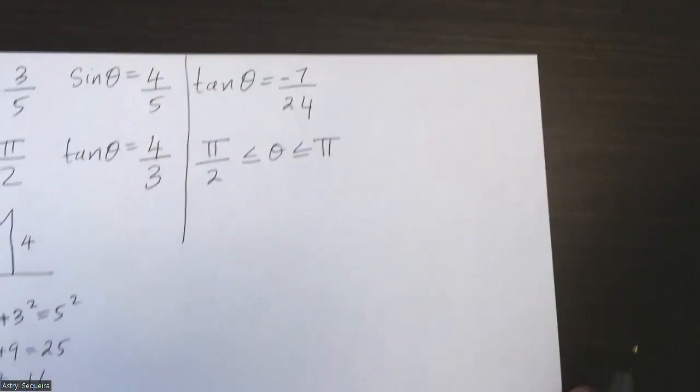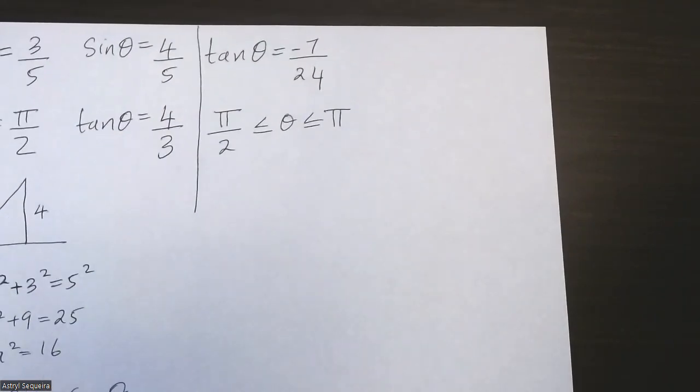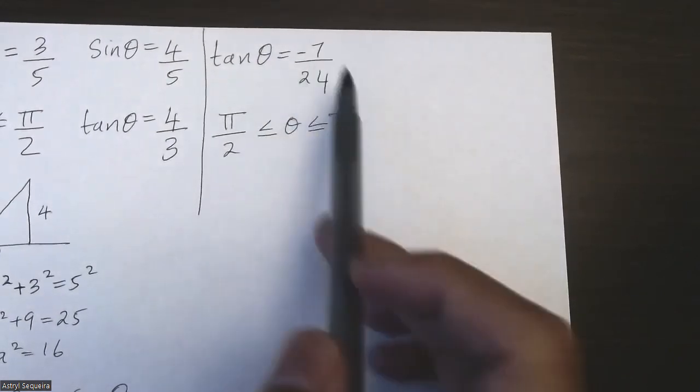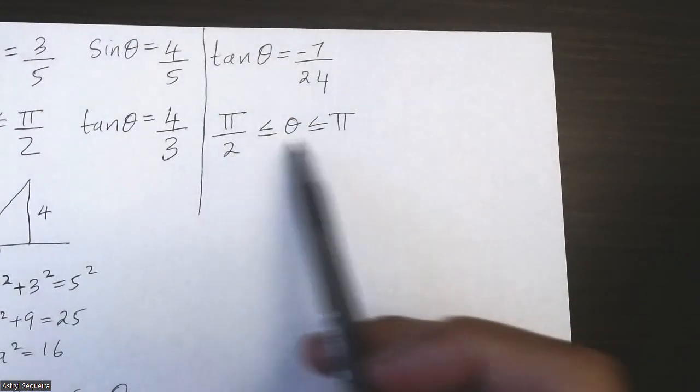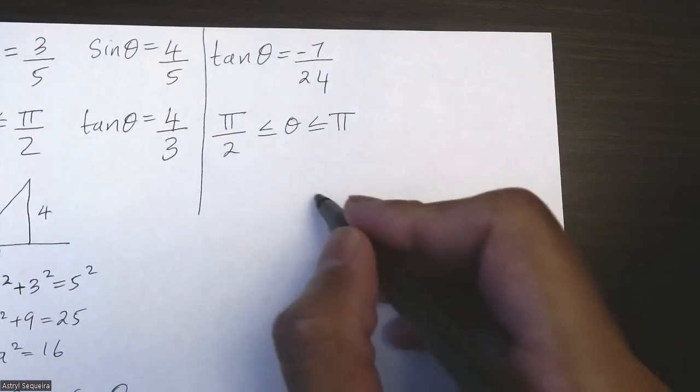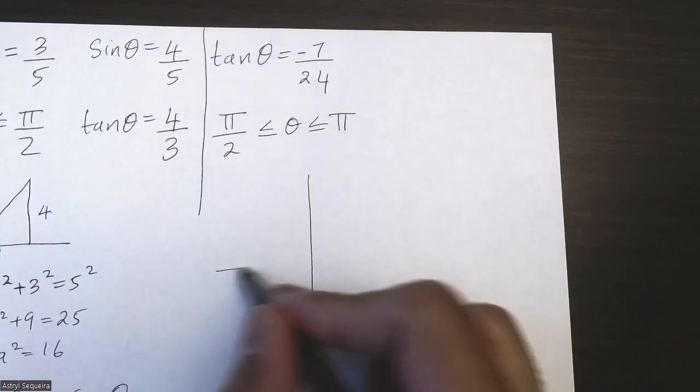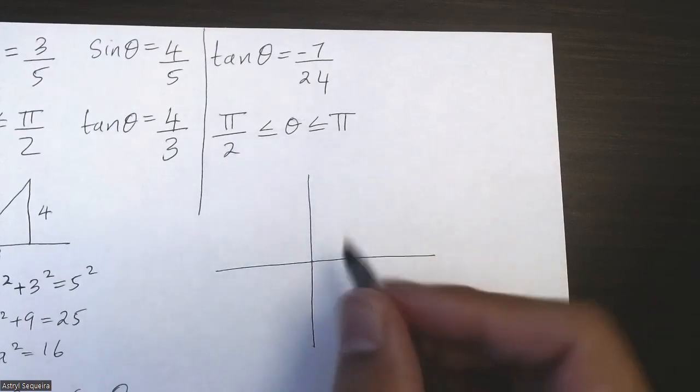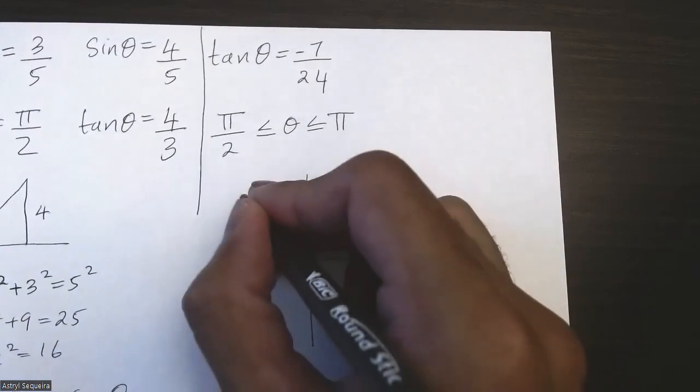All right, let's try this second example now. In this example, we're given tan theta equals negative 7 over 24, and theta is between pi over 2 and pi. So again, the first thing I want to do is draw this out. Pi over 2 and pi means I'm in my second quadrant.